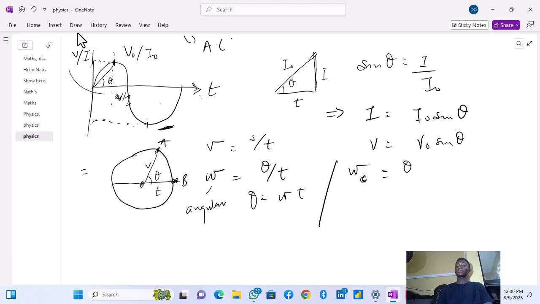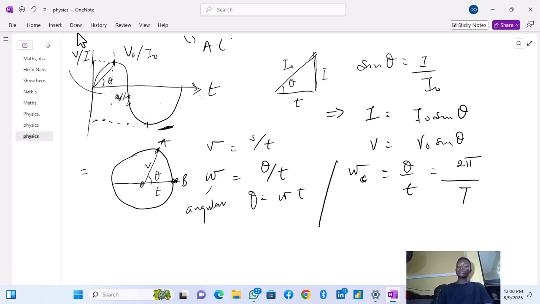It's still theta over t actually, but my theta is now a complete circle, which is 2 pi, and my t here is no longer just ordinary t, but the time taken to complete a complete cycle. What is the time taken to complete a complete cycle? We know that that is the period.